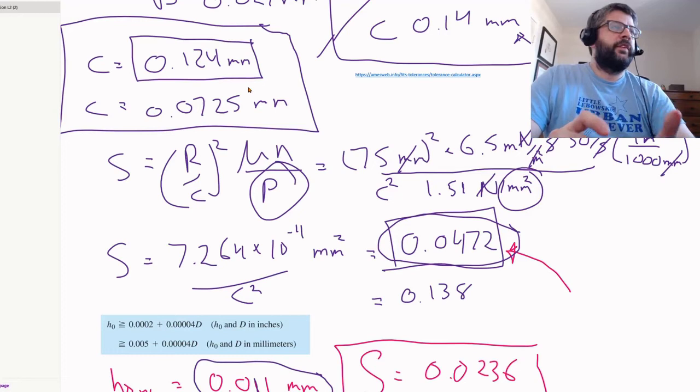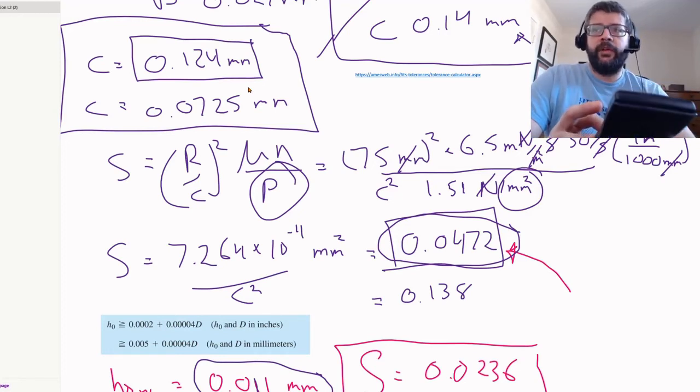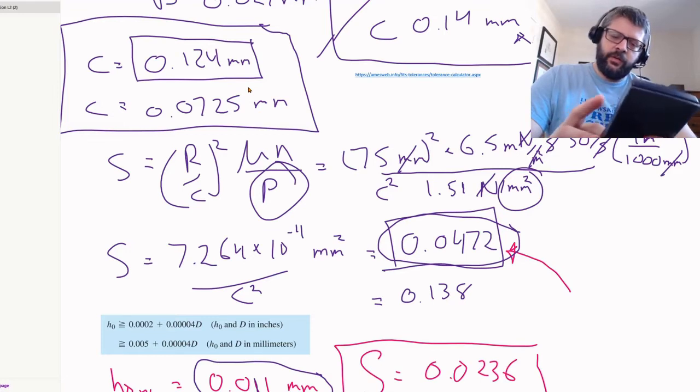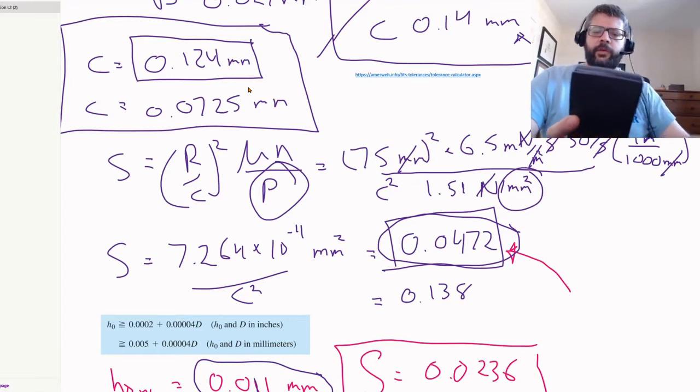So for example, if we adjusted the maximum radial clearance that we saw to 0.1 millimeter instead of 0.124 millimeter, that would give us an S value for that actual configuration of 0.0726.